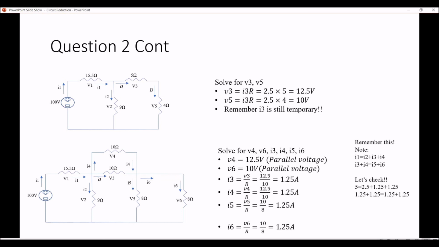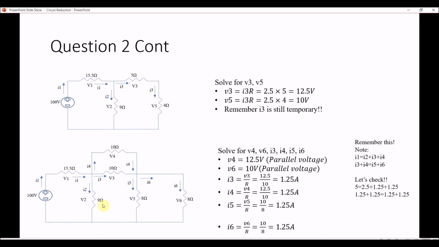Now I'd like to note something. When we solved for these currents, we found out that the smaller resistances have more current traveling through them than the larger resistances. You can look at this with I2, I3, and I4. I3 and I4 have the exact same resistance, 10 and 10, and they have the exact same current, 1.25 and 1.25.